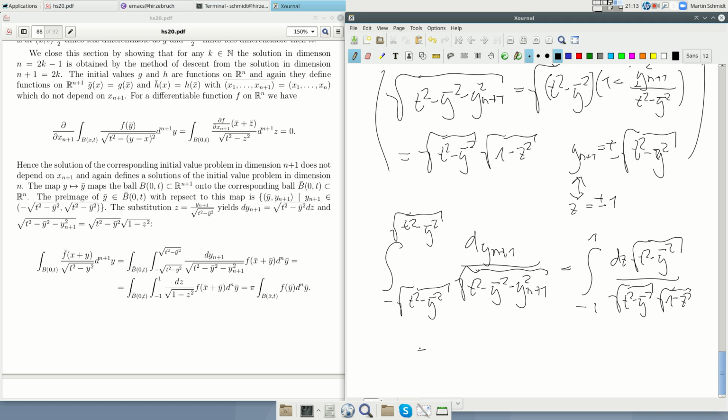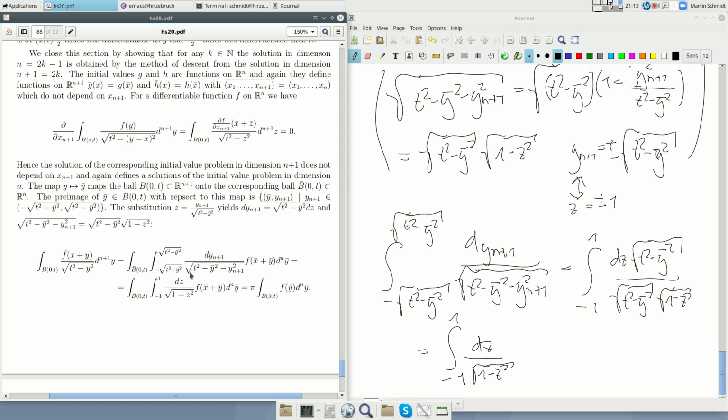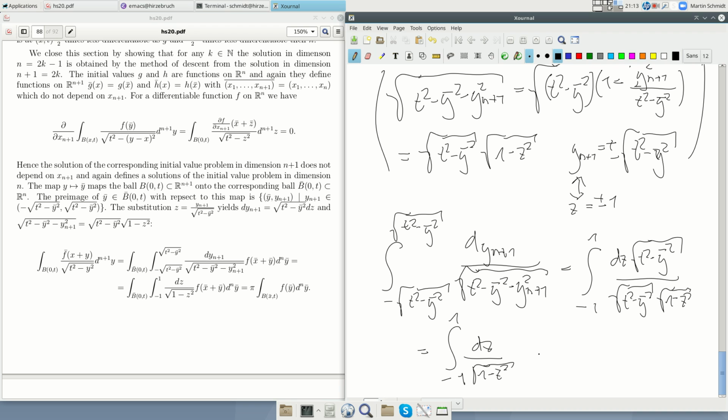So you see, this simplifies to minus 1, 1 dz over the square root of 1 minus z square. Very simple. This simplifies to this. Okay, and everything else doesn't depend on y n plus 1. So we can perform this integral.